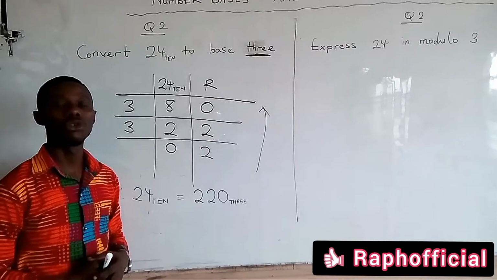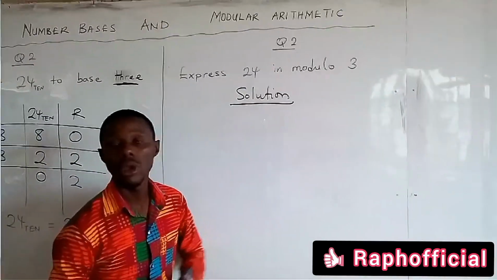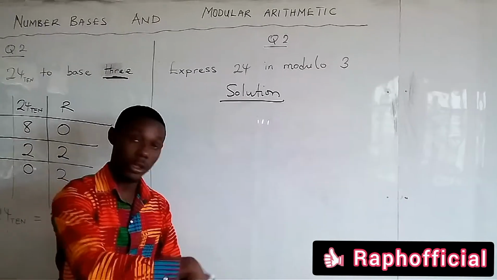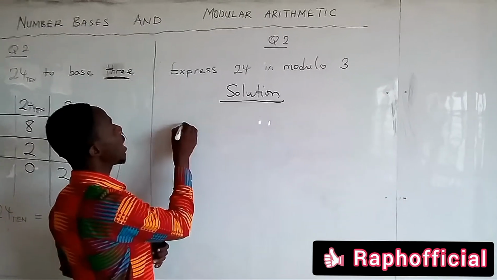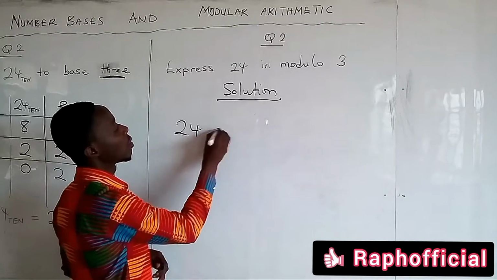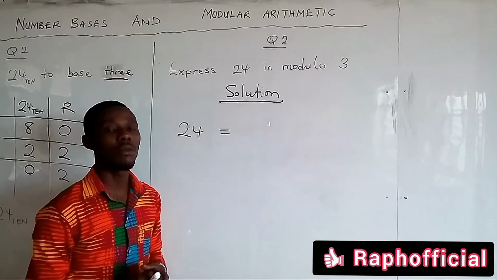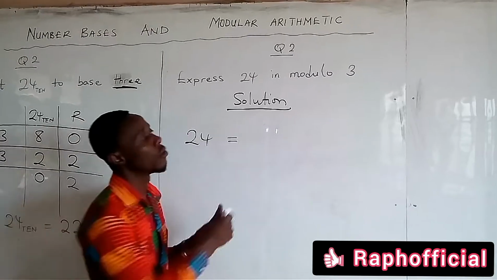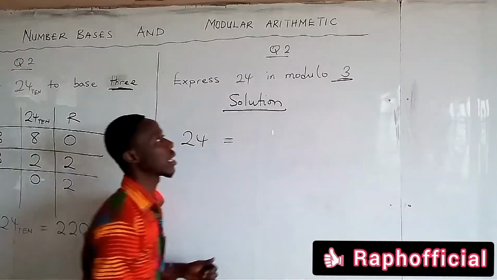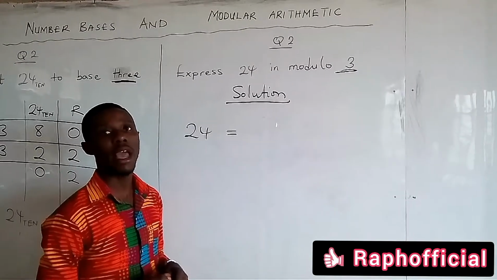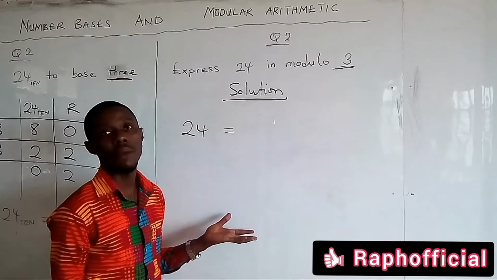Now let's move on to modular arithmetic. We only need the remainder. There is no need to worry about the number of times it goes in. So we have 24. Then you ask yourself, which modulo are we converting it to? Modulo 3. So the question is, 3 goes into 24 how many times? 8 times.